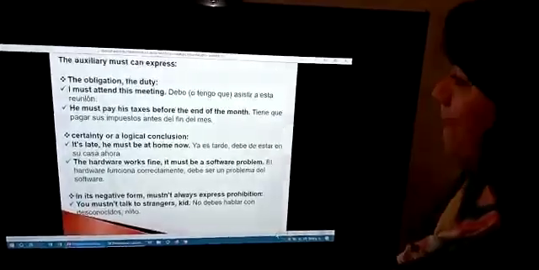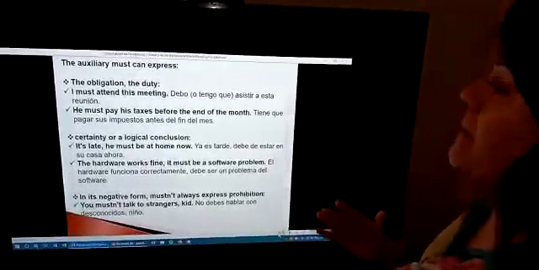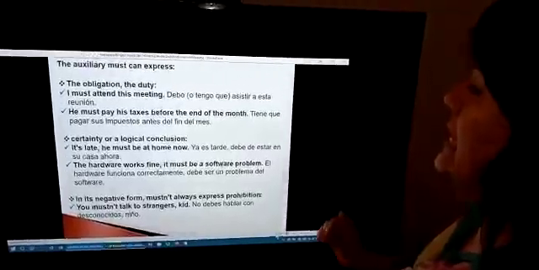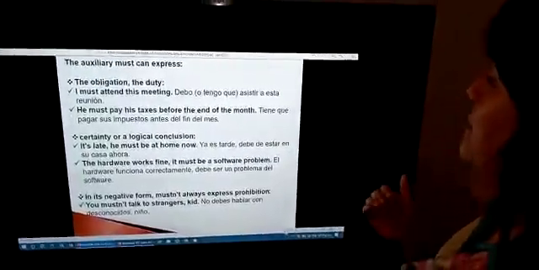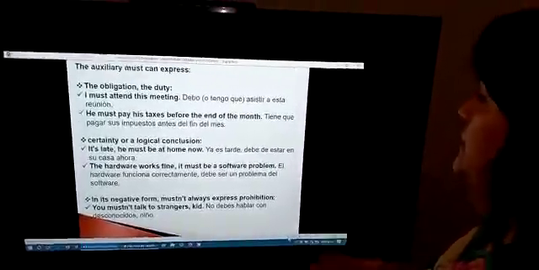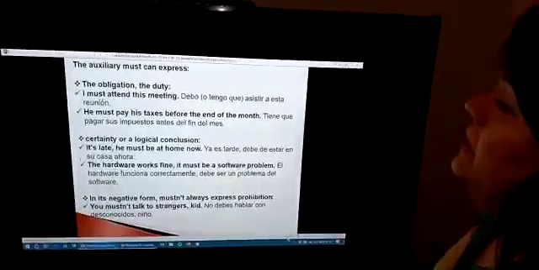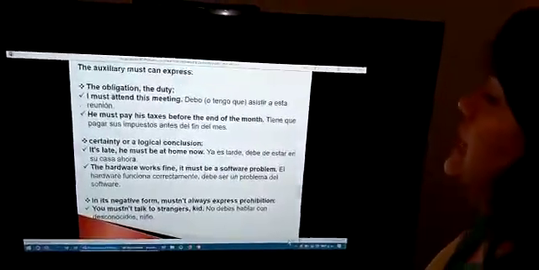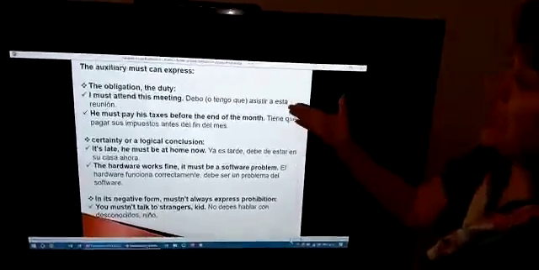Next example: he must pay his taxes before the end of the month. In Spanish: tiene que pagar sus impuestos antes del fin de mes. This is an obligation.